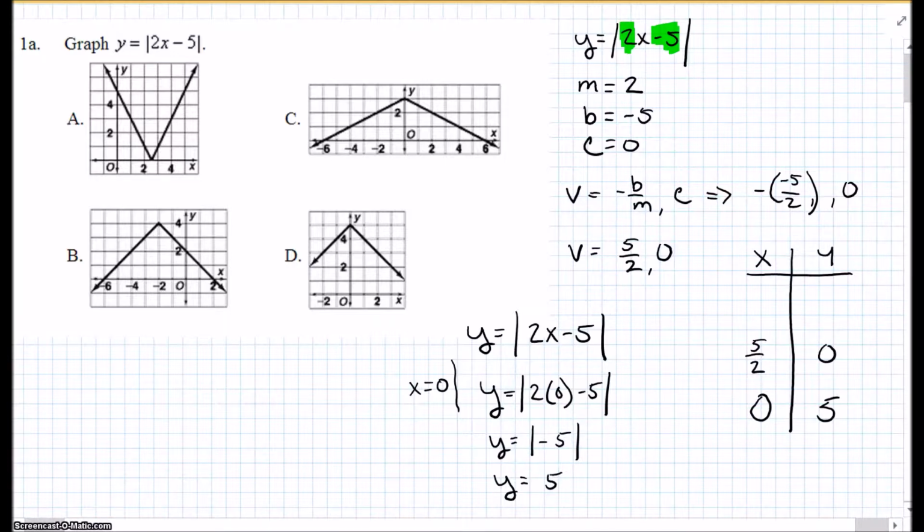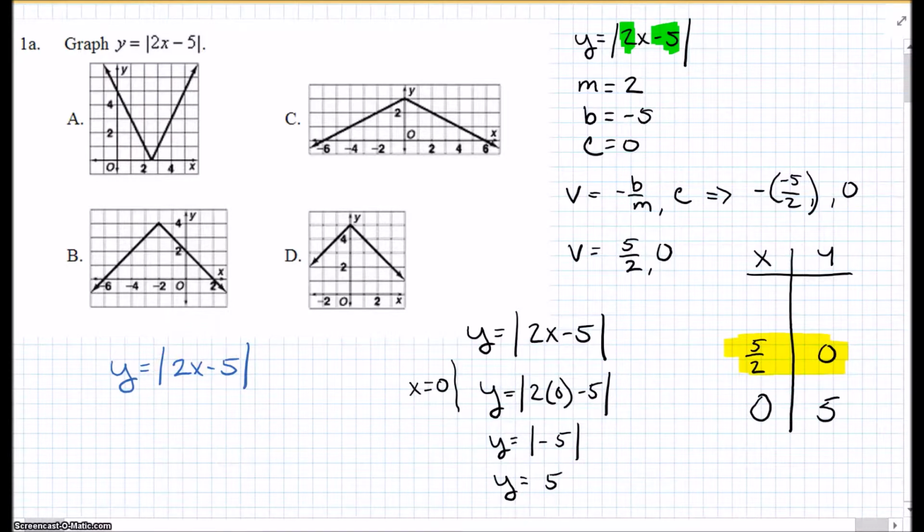Okay, now let's pick a number above 2.5. So we got y equals the absolute value of 2x minus 5. And again, sorry to get off topic, one way to remember the vertex point is that it's going to be equal to whatever makes that 0. Okay? Let's go back.